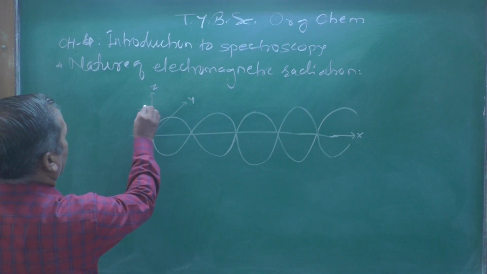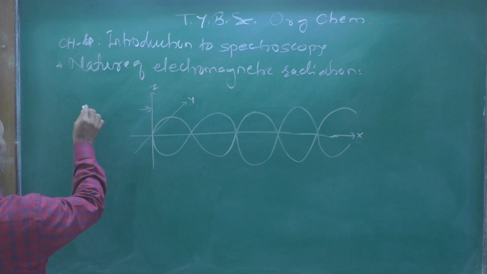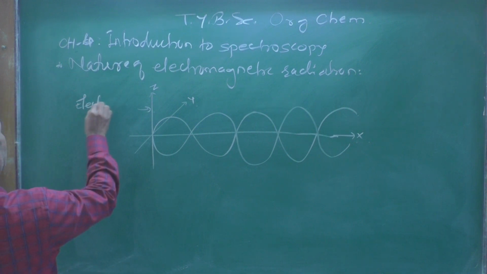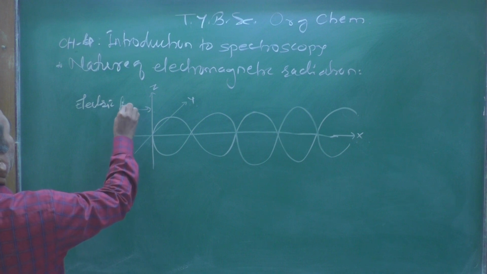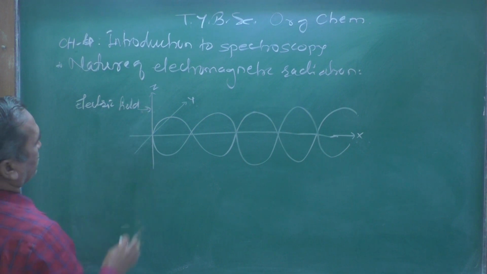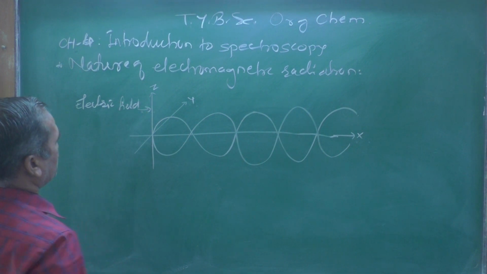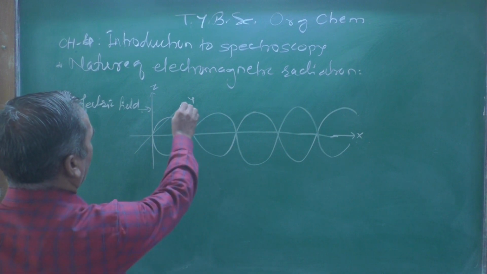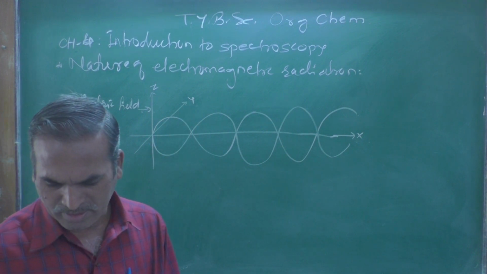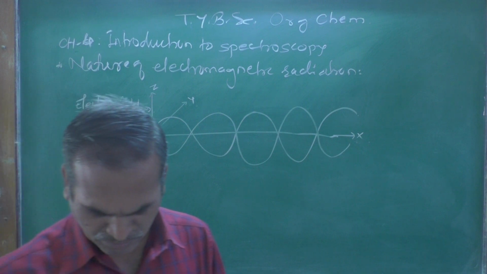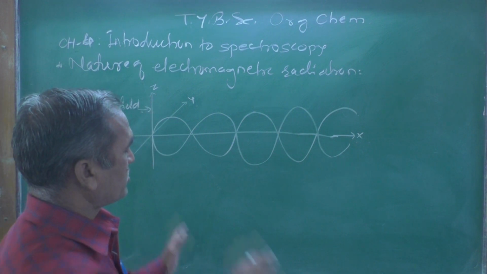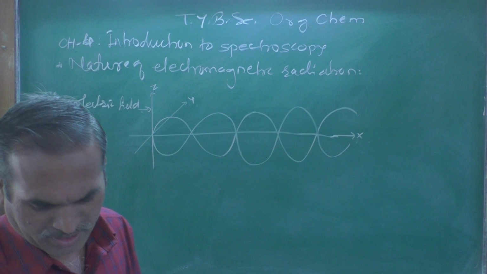On the z-axis there will be the electric field generated. On the y-axis there will be a magnetic field, and this is the direction of propagation.